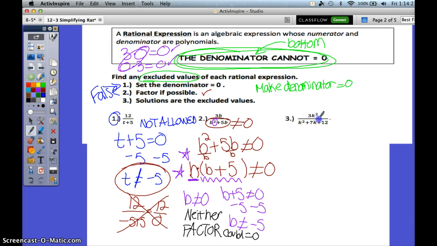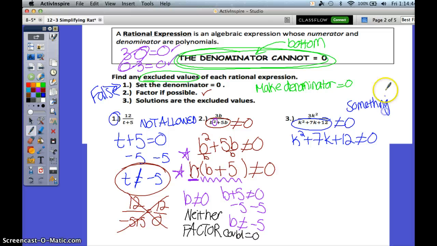Let's take a look at number 3. We know that this whole denominator is not allowed to equal 0 because it's a fraction. So k squared plus 7k plus 12 is not allowed to equal 0. There's that squared again. When you see something squared, it usually means you get 2 answers. So let's factor this. What can multiply to be 12 but add to be 7? So we have k and k.